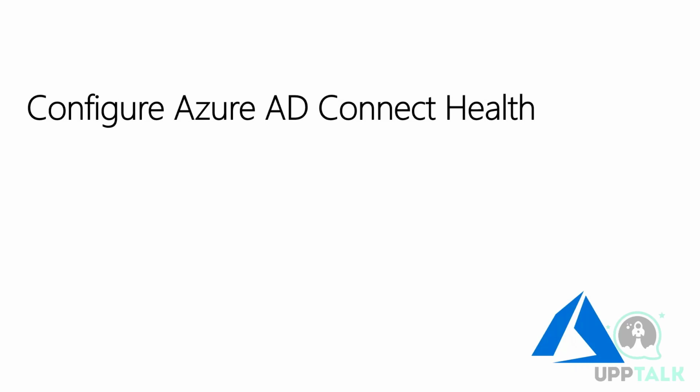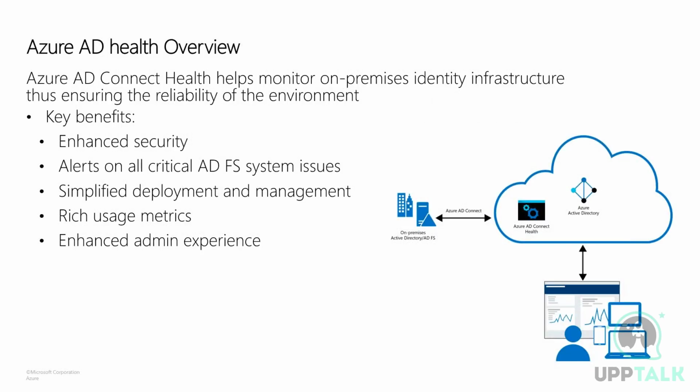Now moving ahead with the next important member, which is Azure AD Connect Health. Now what is this? At the start of this module itself, I had mentioned knowing how many users have been synchronized, how many user attributes have been synchronized, and whether there is any problem with it, right? All that information I'll get as part of Azure AD Connect Health.